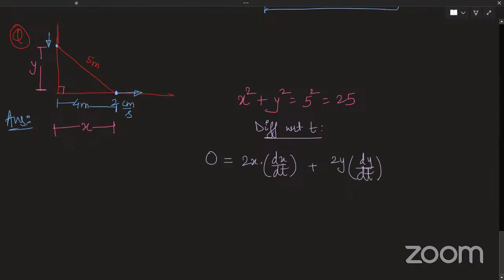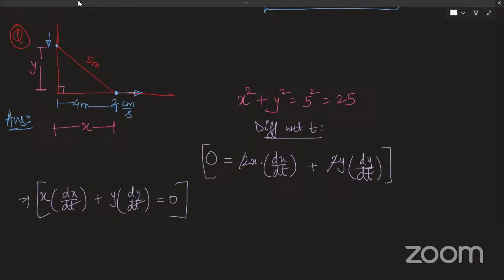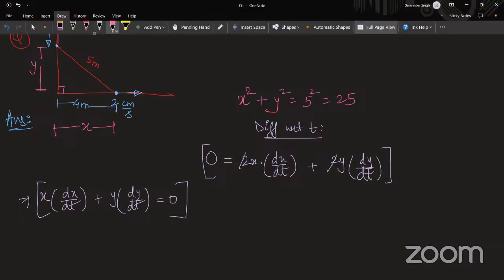So now using this equation, first of all, I can cancel out this 2 and 2. So I have got x into dx by dt plus y into dy by dt is equal to 0. From this equation, I will get the value that I am wanting.